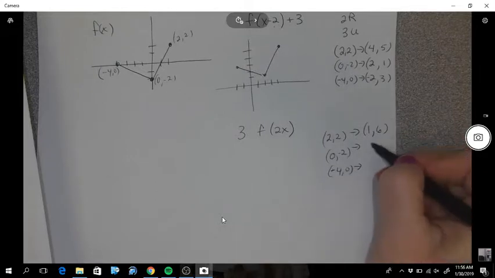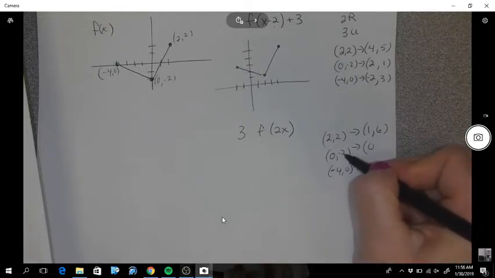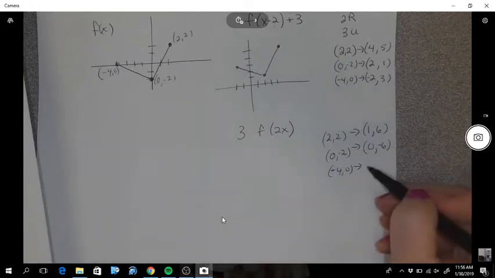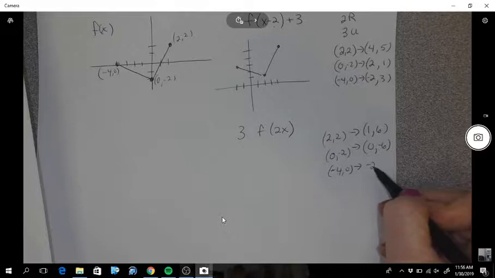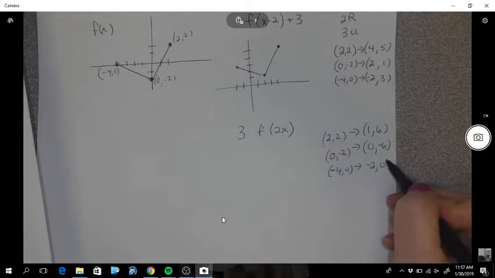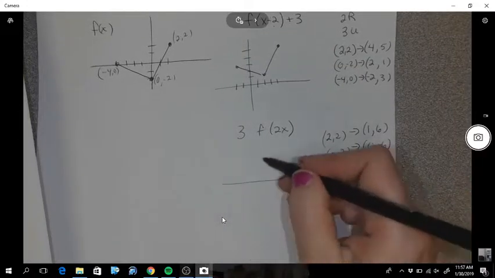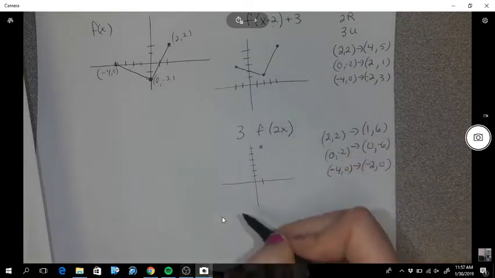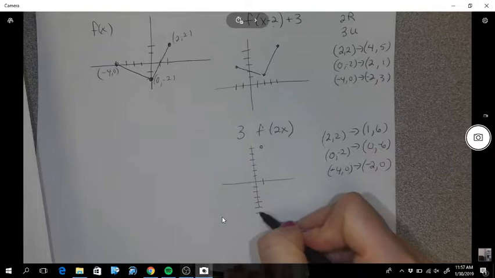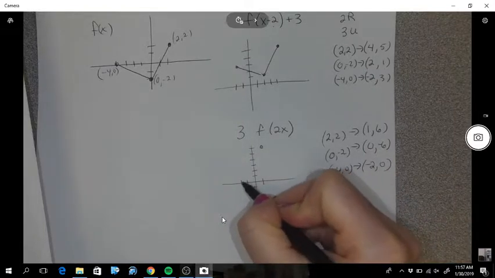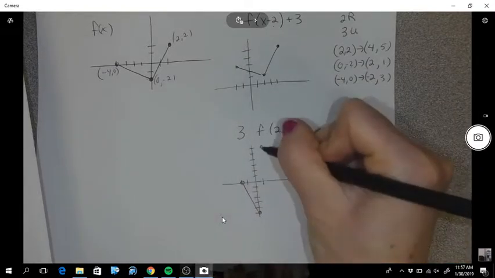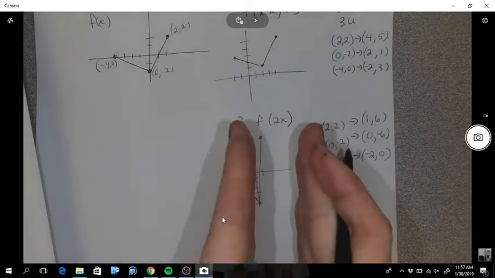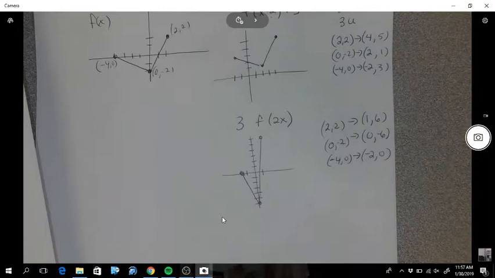Divide this by 2 is 0, and this times 3 is -6. And then divide by 2 and times 3. So our new graph would look like this. It got compressed by 2 and then stretched by 3.